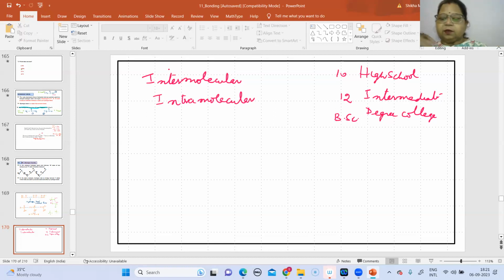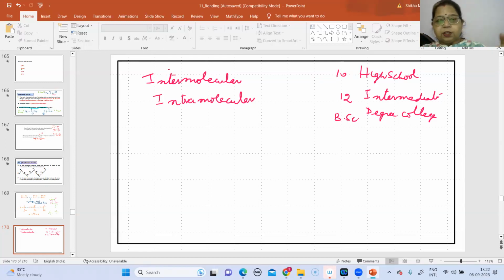Degree, around 20, 30 years ago, used to be something very big. Everyone was not able to reach college at that time. So intermediate is something in between what we call, in that society at that time, very less educated and highly educated. So intermediate means in between two.